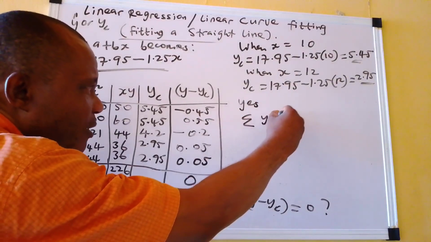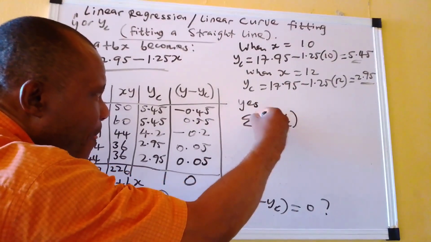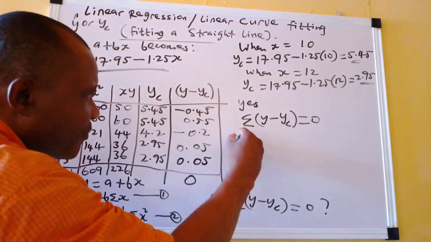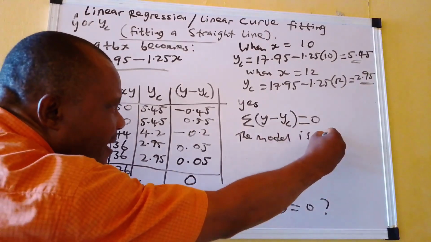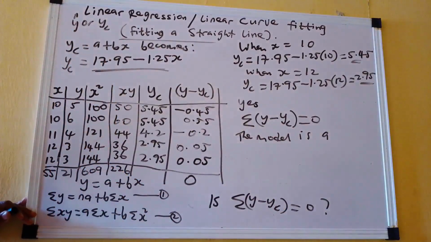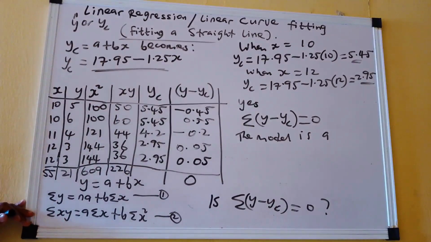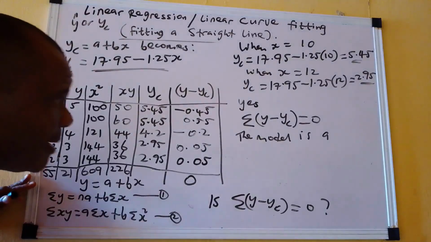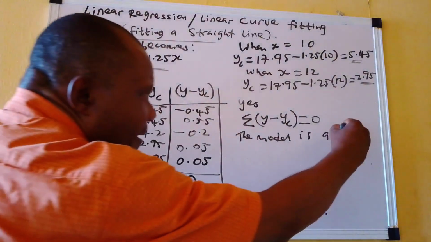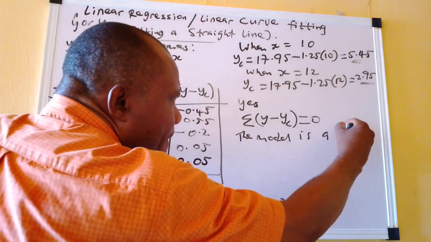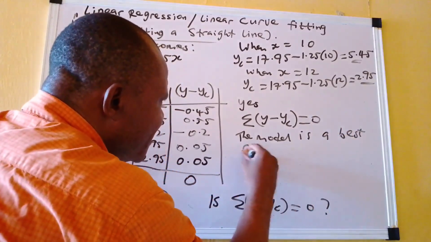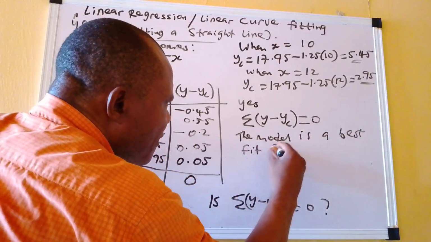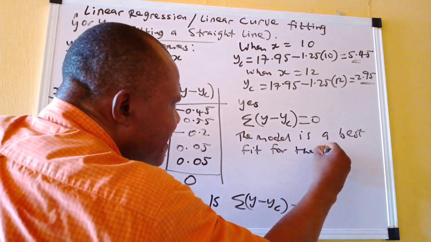Summation of Y minus YC is equal to 0. The model is a best fit for the data set.